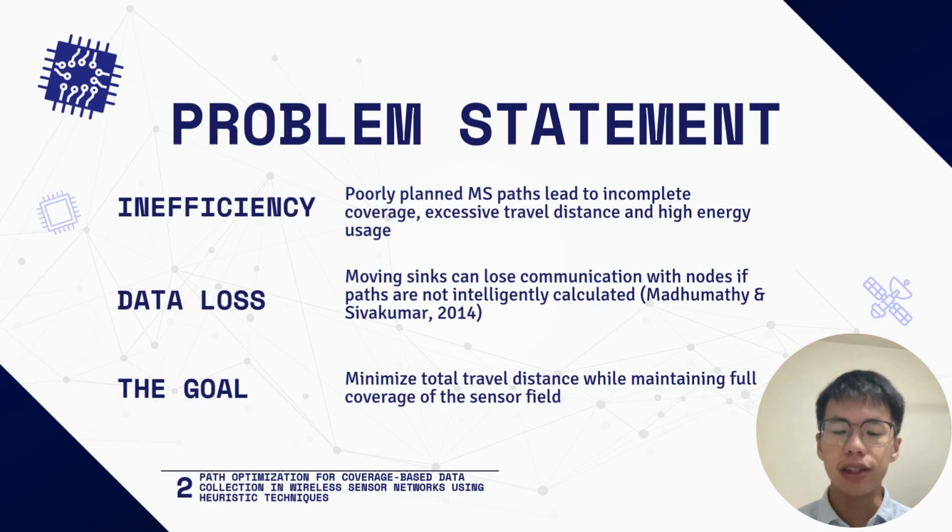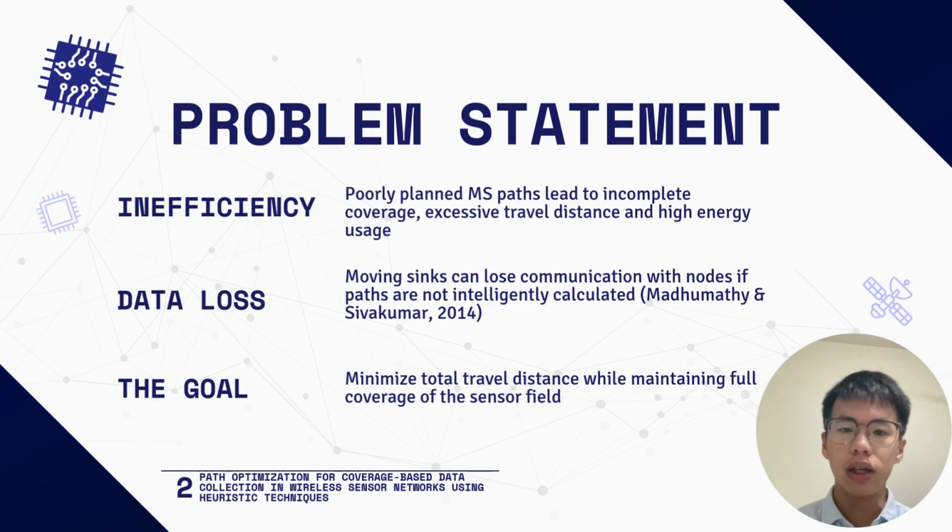The problem faced is to ensure all sensor nodes are effectively covered during data collection, particularly when the mobile sink must traverse multiple sensing regions. Inefficient path planning can lead to incomplete coverage, excessive travel distance, and high energy usage, which will reduce the overall efficiency of the network.